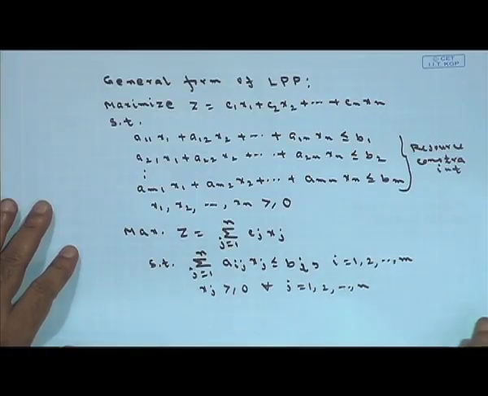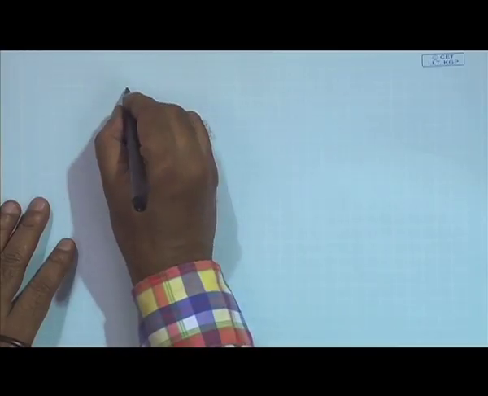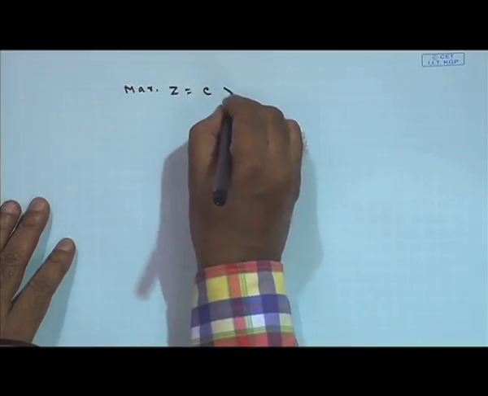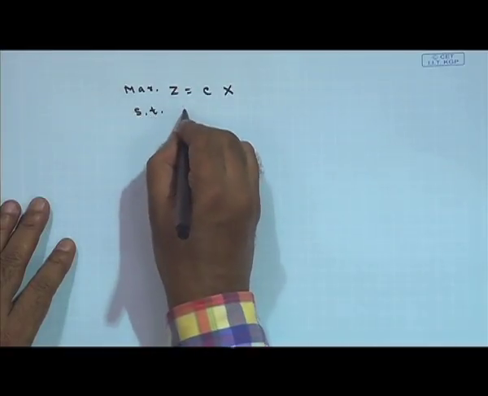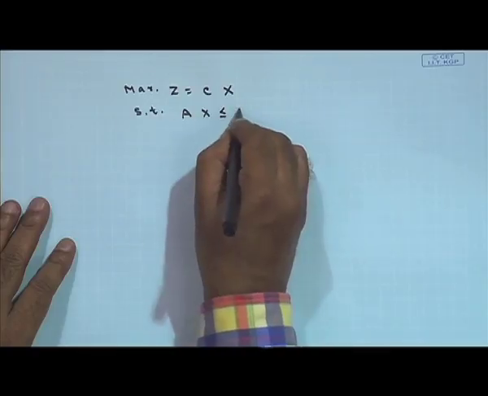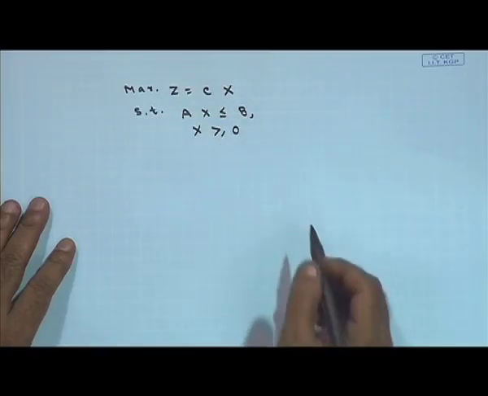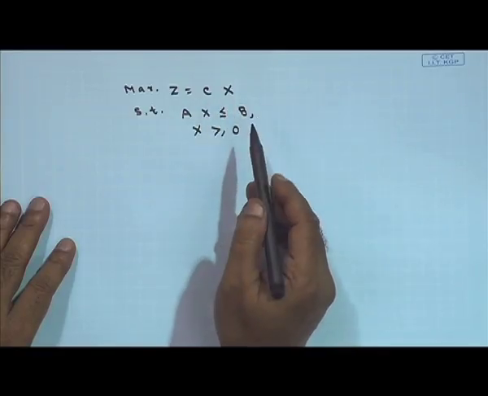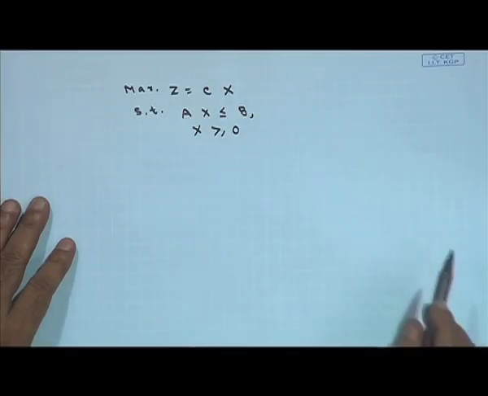This again we can write in the matrix notation, which becomes much easier to represent. Maximize Z equals Cx subject to Ax less than equals B and x greater than equals 0, where C, x, A, B are all vectors.